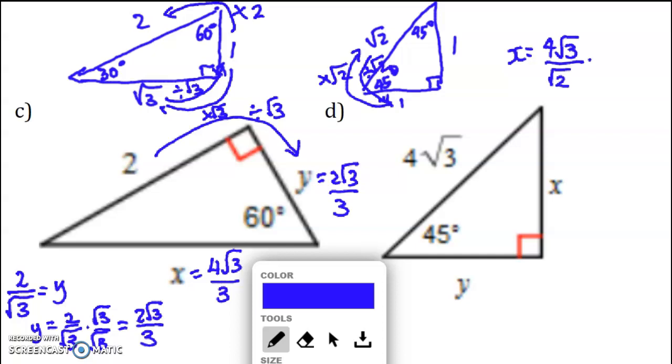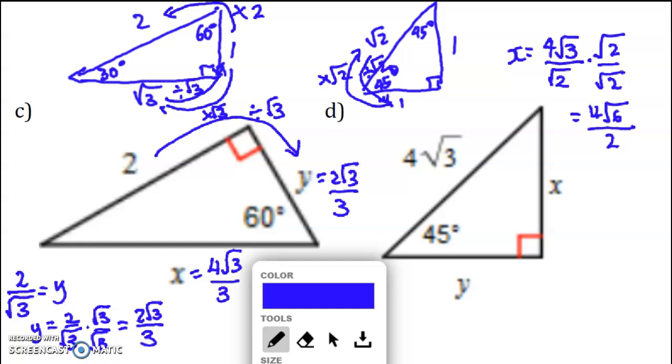Okay, again, I cannot have a radical as a denominator, so I am going to rationalize it, and that becomes 4 root 3 times root 2 over root 2 times root 2. Remember, we multiply inside the radicals together, so 3 times 2 is 6, so it becomes 4 root 6 divided by root 2 times root 2, which is just 2.